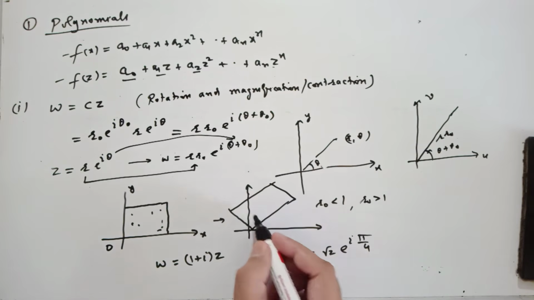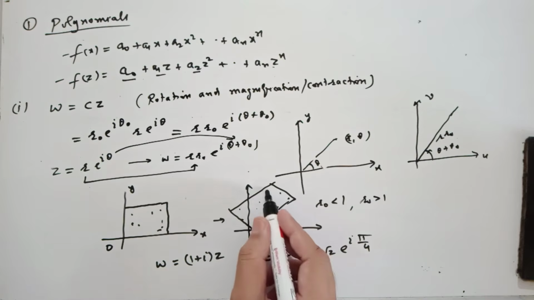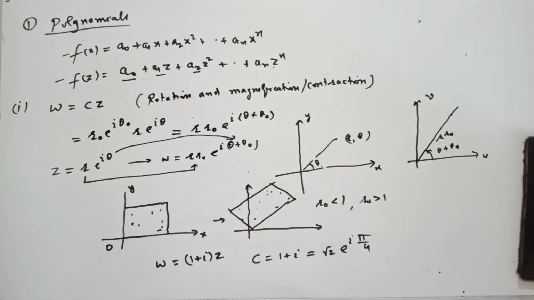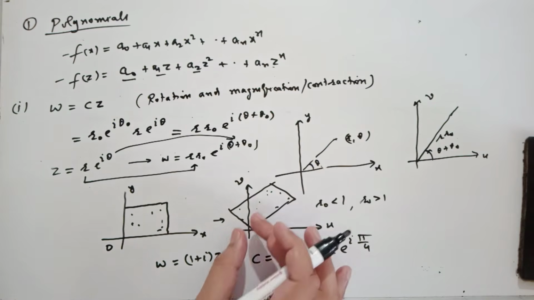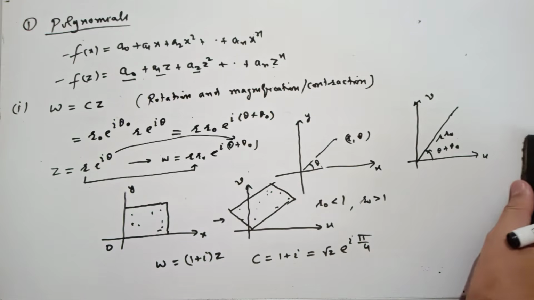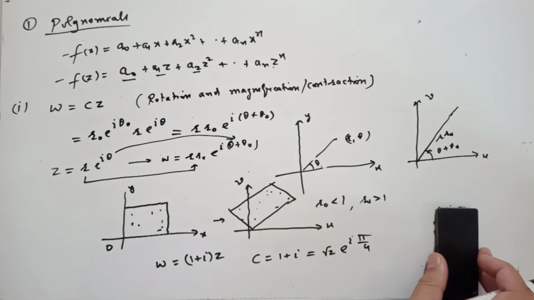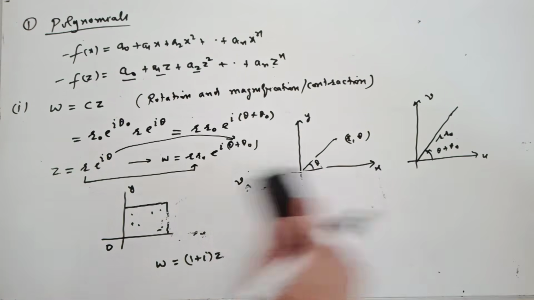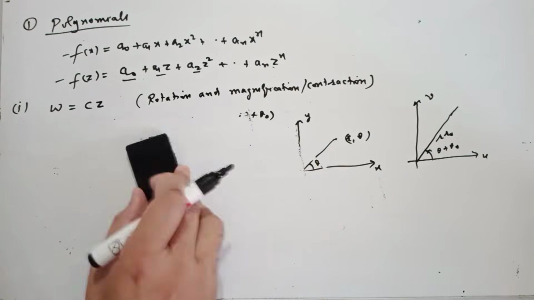That's the image of this rectangle in the UV plane under this mapping. Okay, so rotation has taken place and the rectangle is magnified also. So this is rotation and magnification or contraction mapping.